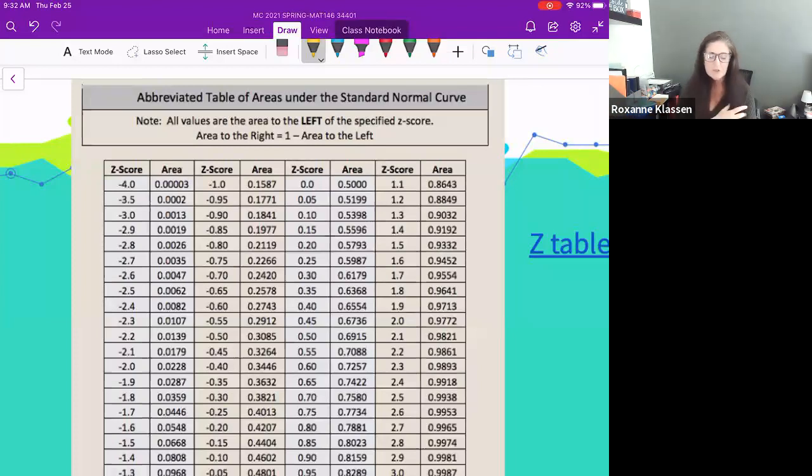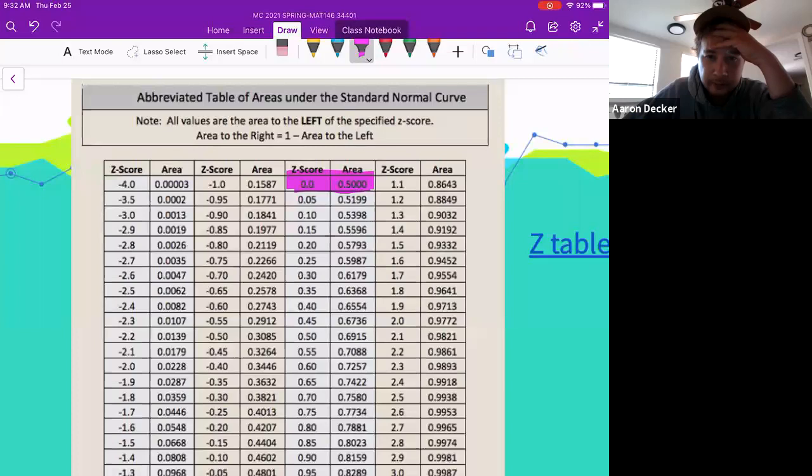Okay. So if we look at a Z-score of 0, do you see how the area says 0.5000? What percent is that? Is it 50? It is 50%.